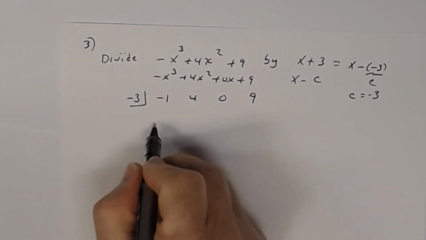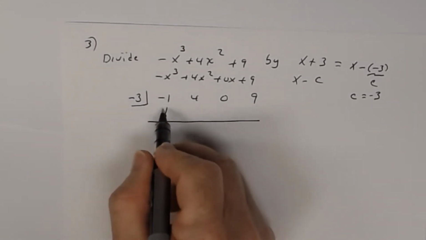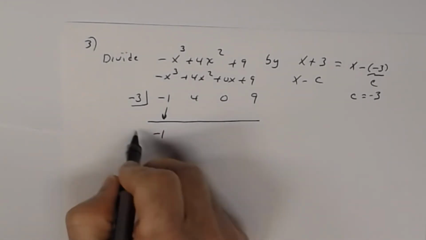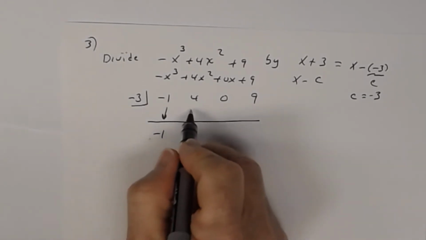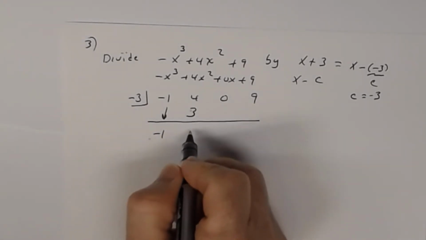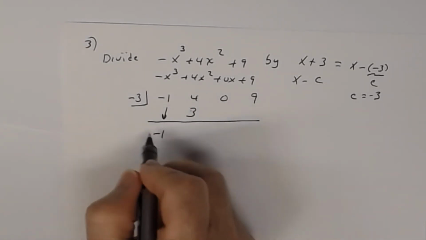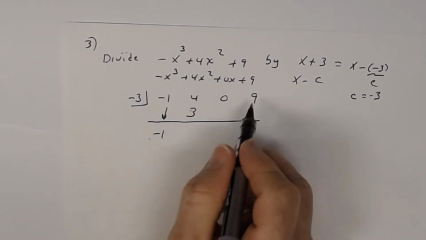All right? So then the next step is to bring down that first number you see here, that leading coefficient. And then you multiply. You're going to put that number here. So negative 3 times negative 1 is a positive 3. And you add. So you're going to add these columns. So you're going to multiply, add, multiply, add, multiply, add.